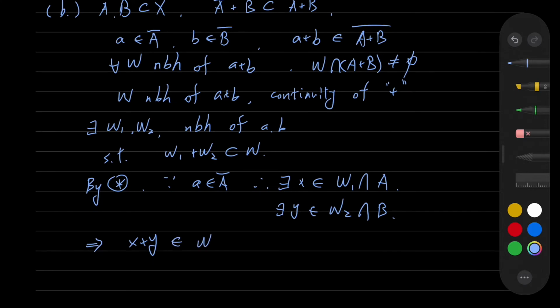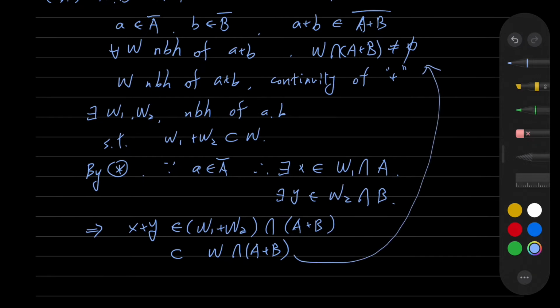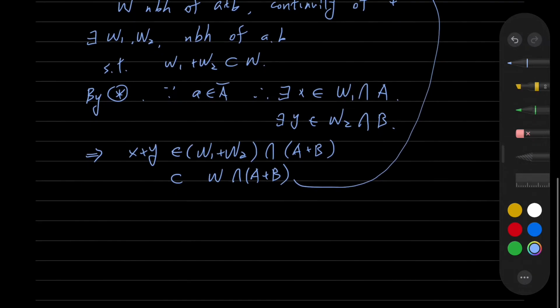We will get that W1 plus W2 intersect A plus B contains a point x plus y, which is contained in W intersect A plus B, which is what we're trying to prove over here. Okay.